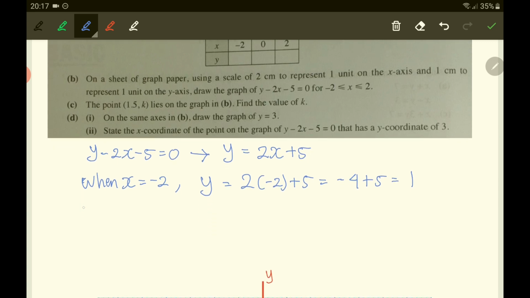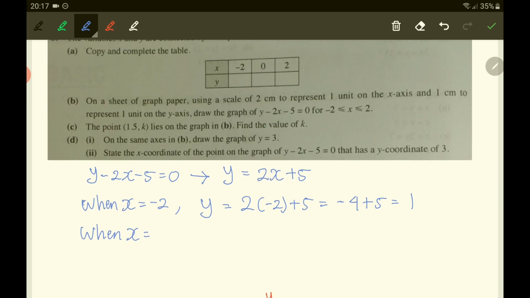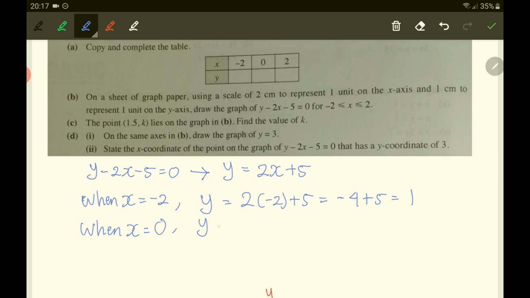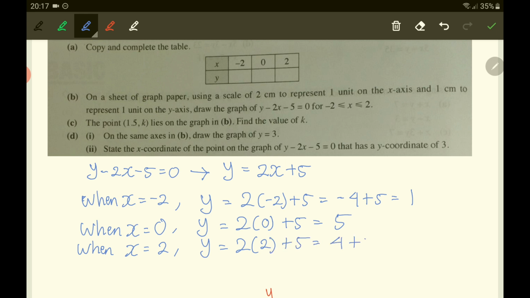And then when x is equal to 0, y equals 2 times 0 plus 5, which is 0 plus 5, which is 5. And then when x is equal to 2, y is equal to 2 times 2 plus 5, so you get 4 plus 5, you get 9.